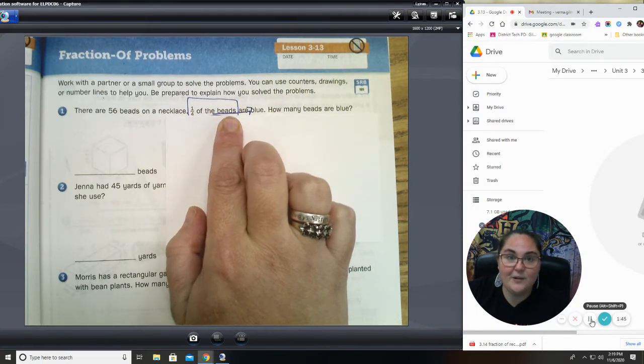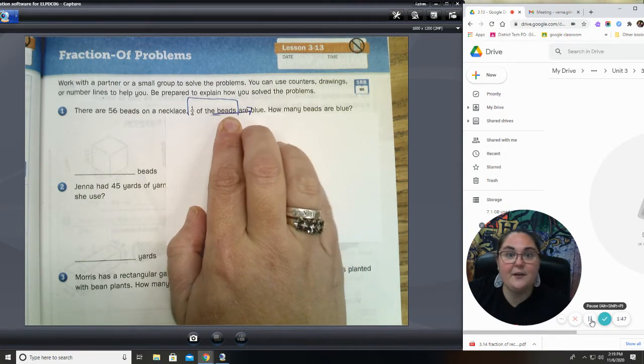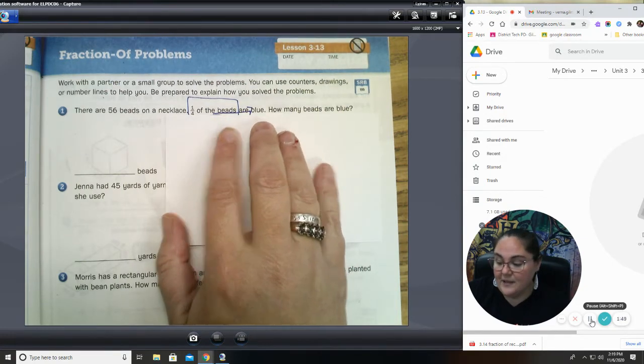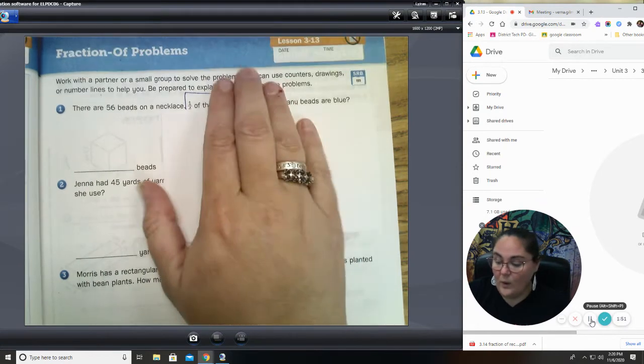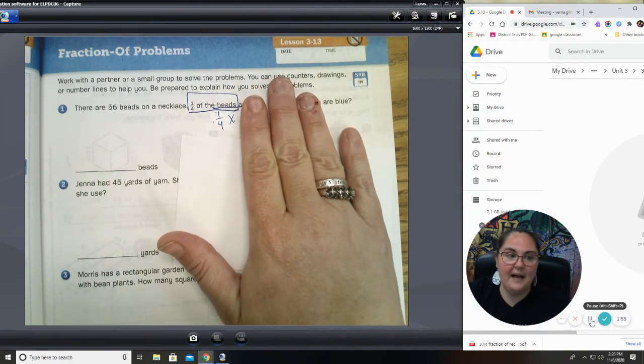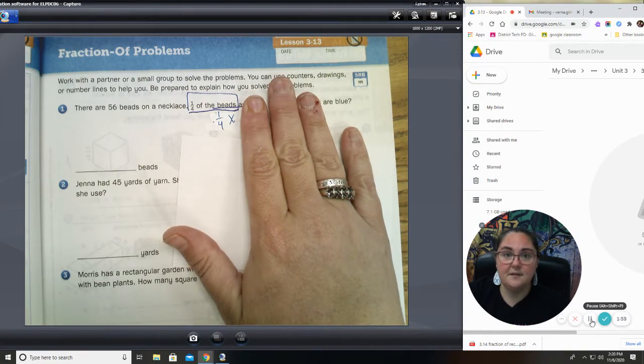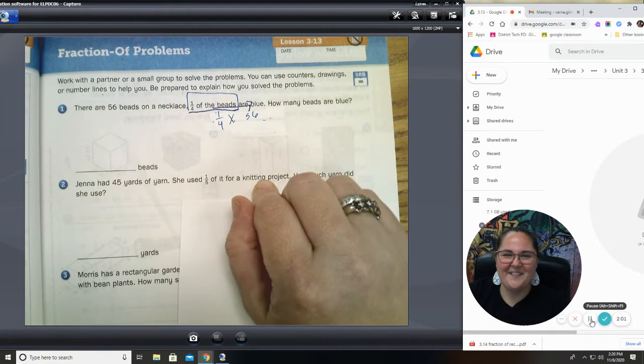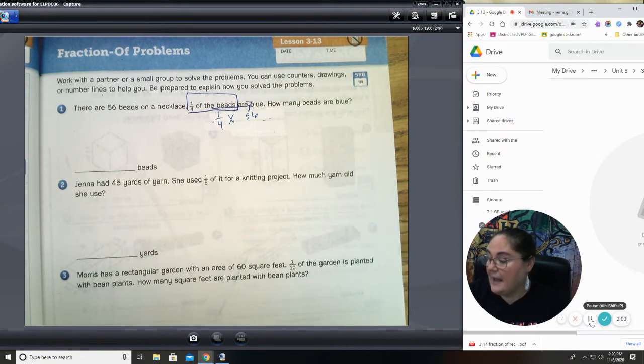That's going to make your number model. I literally just write that. 1/4 of, we said, means multiply. And then finally, how many beads do I have? 56.